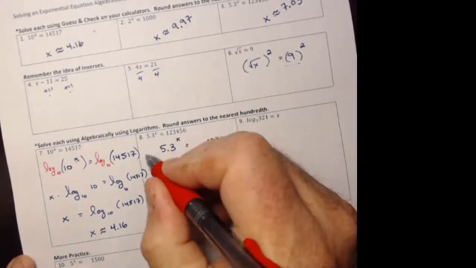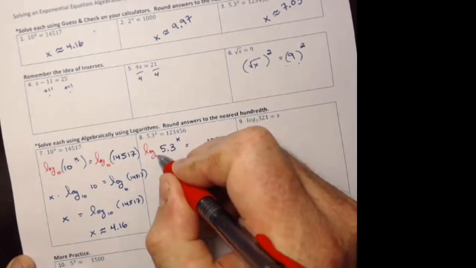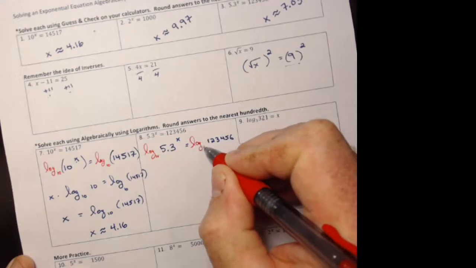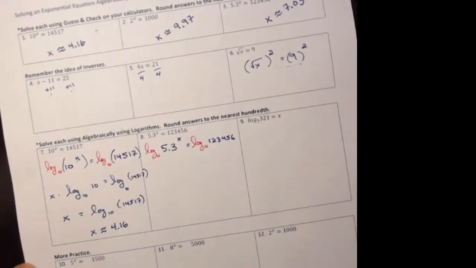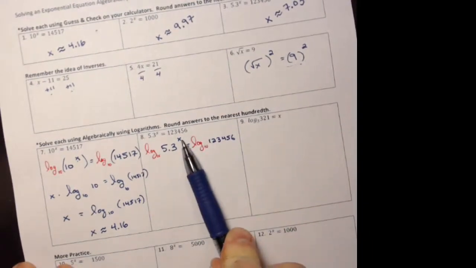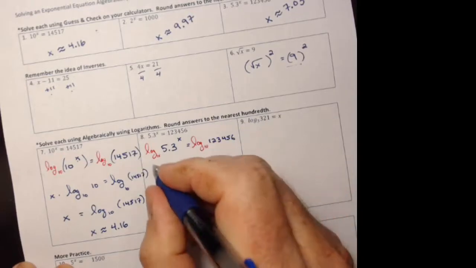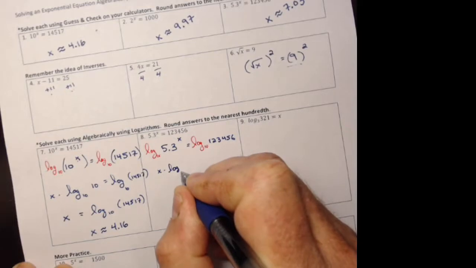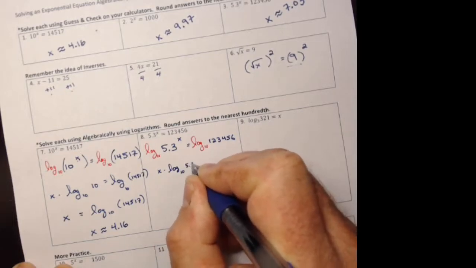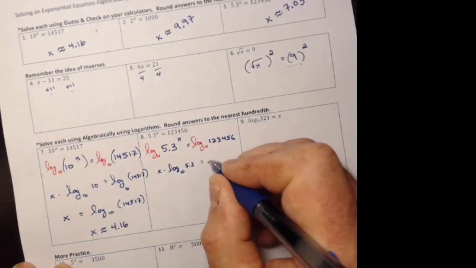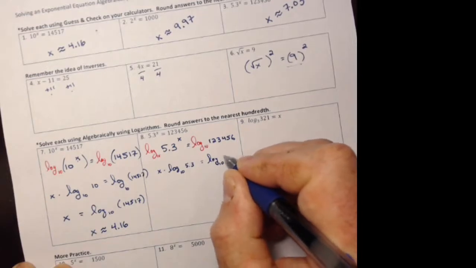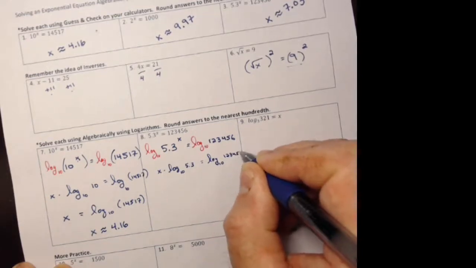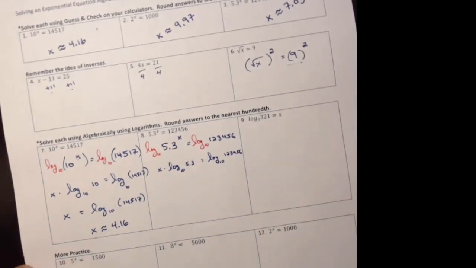So we're going to take the log base 10 of both sides. That logarithm is going to undo this exponent, so I'm going to rewrite it out front. So here's what it looks like. I'm going to write small. Okay, so notice what we have here.